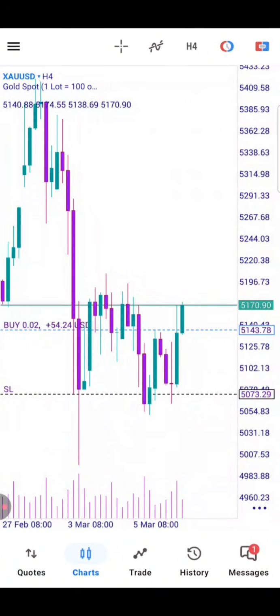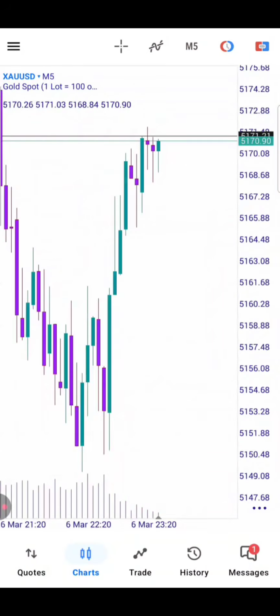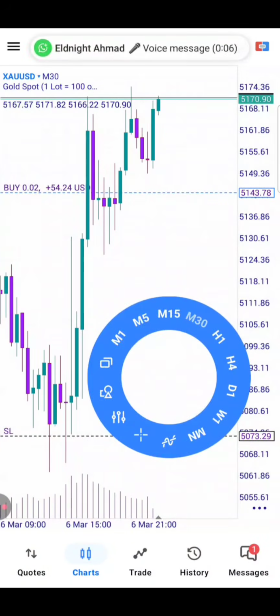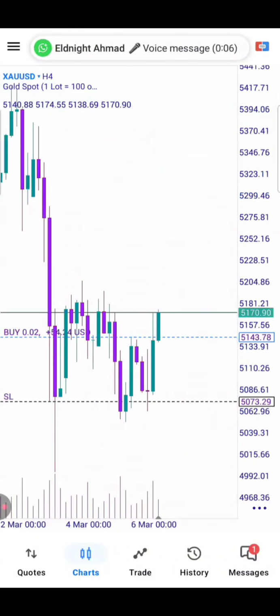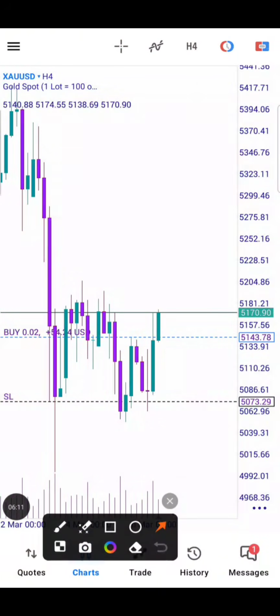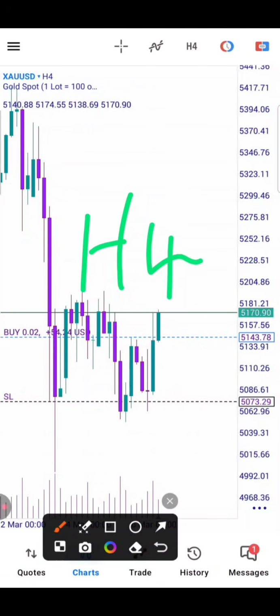Had you seen the sign on 15 minutes or 5 minutes or 1 minute or even 30 minutes, it could be invalid, right? But this time you are seeing the sign on the higher time frame, which is H4, the 4-hour time frame. Price will rarely break structure on a higher time frame unless it intends to reverse or it is consolidating.